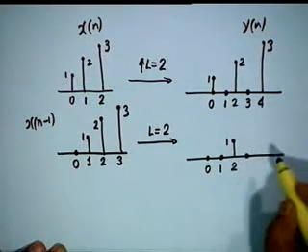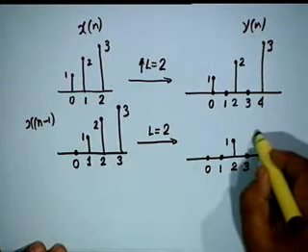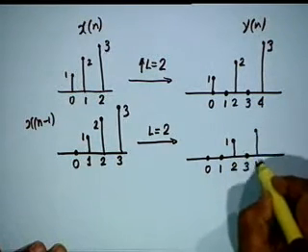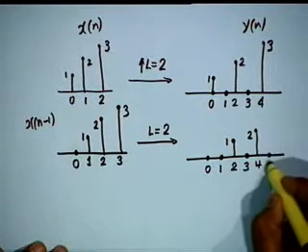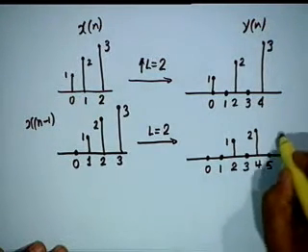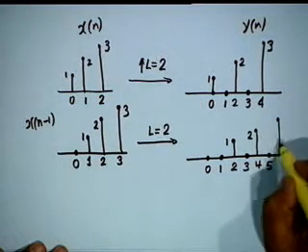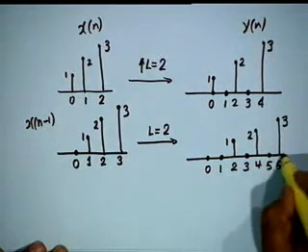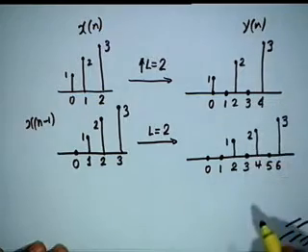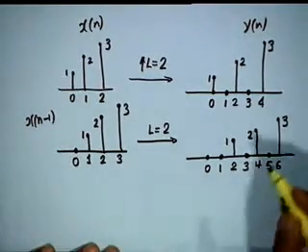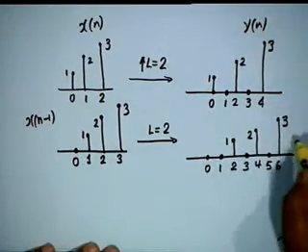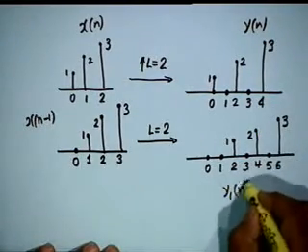Then we have a 0 at 3, then at 4 we have a signal of amplitude 2, then a 0, and at 6 we have a signal of amplitude 3. Okay. It's a little involved concept, so you must understand where the trick is. And this is my y1 of n.